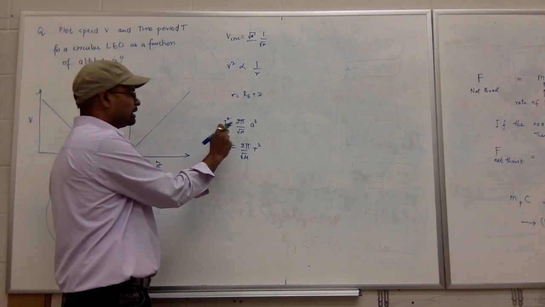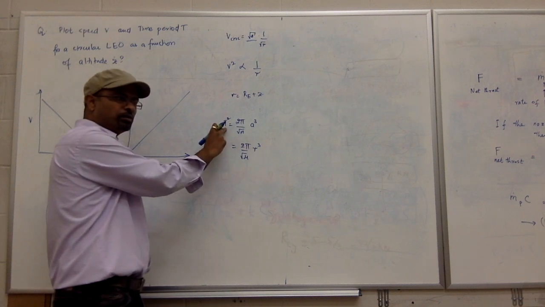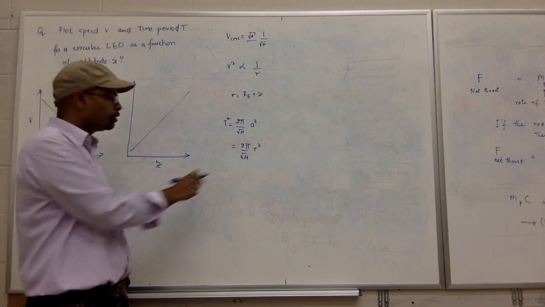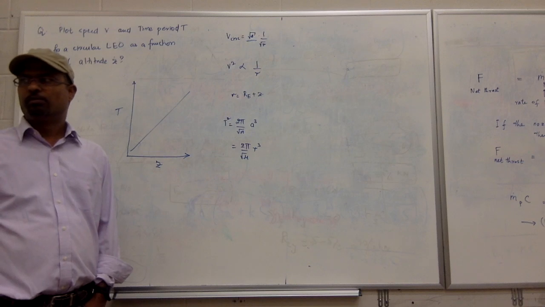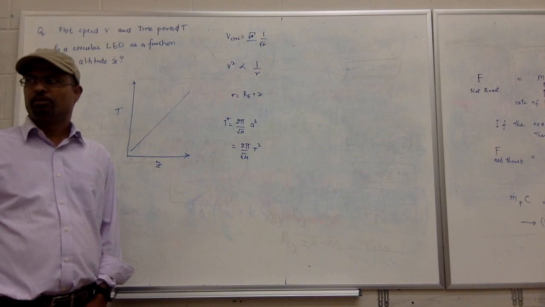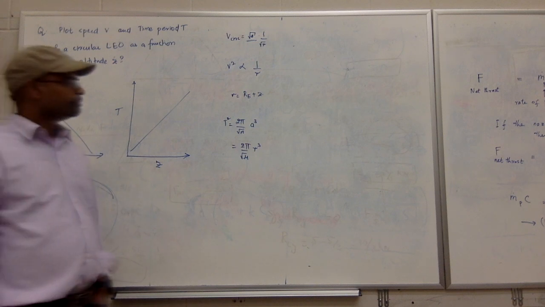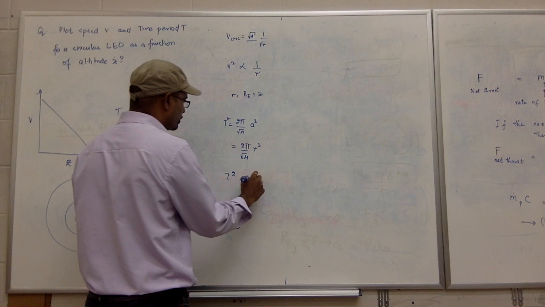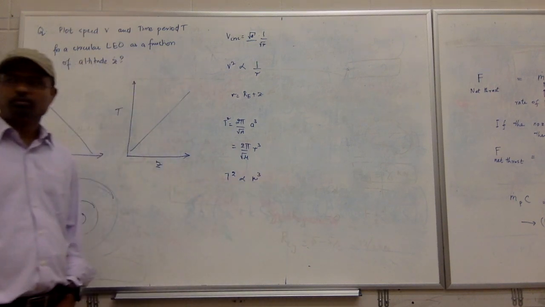So if this increases, what happens to this? Mu will not increase. If r increases, then your time period should increase. T square is proportional to r cube. Yes, it will increase.